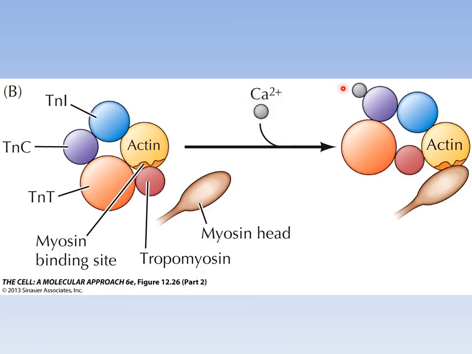Calcium comes along and binds to troponin C, which is important. That's where the name C for troponin came from. Calcium binds to C, and that alters the structure of the complex such that now the myosin binding site of actin is clear, allowing our myosin head to bind to our actin molecule.